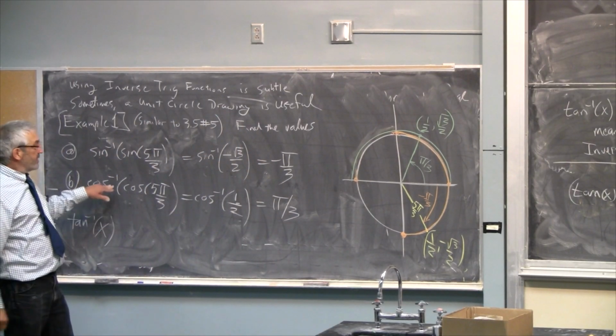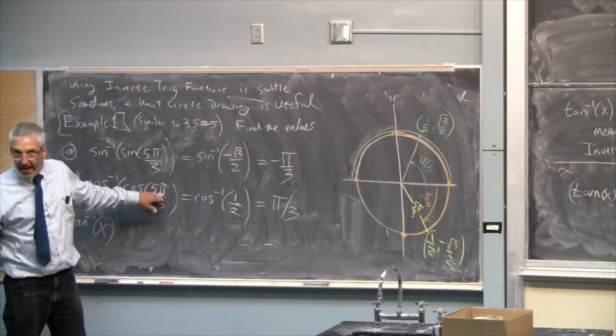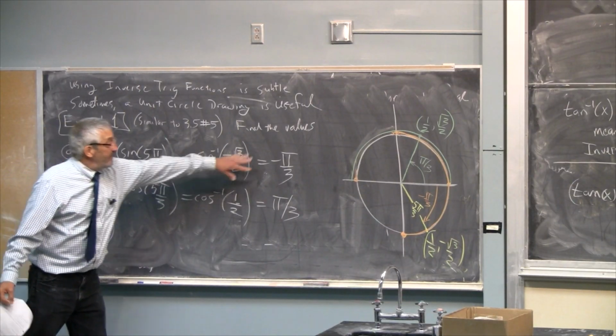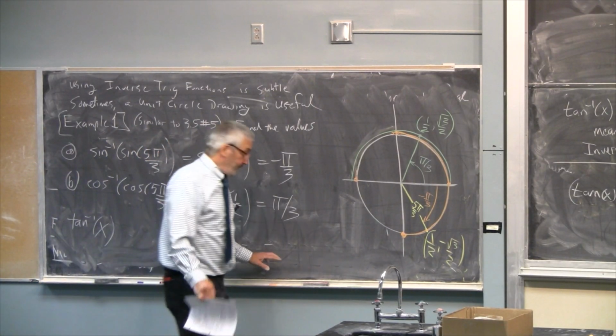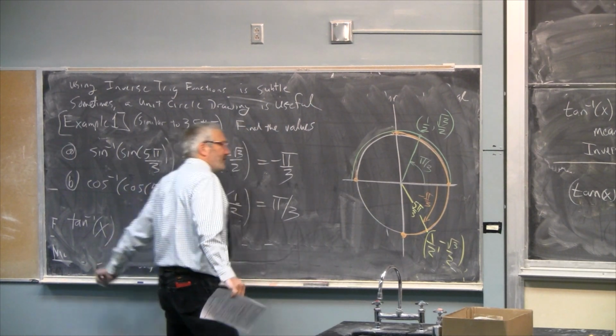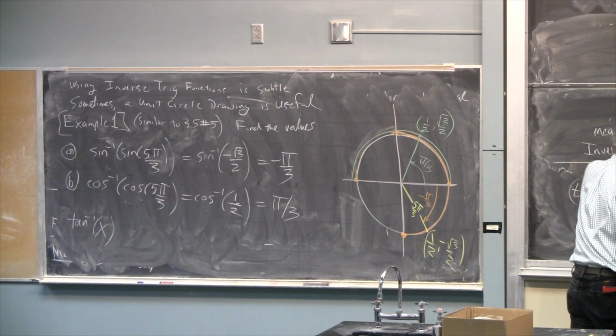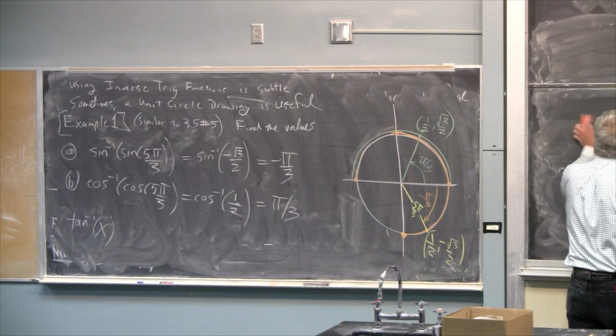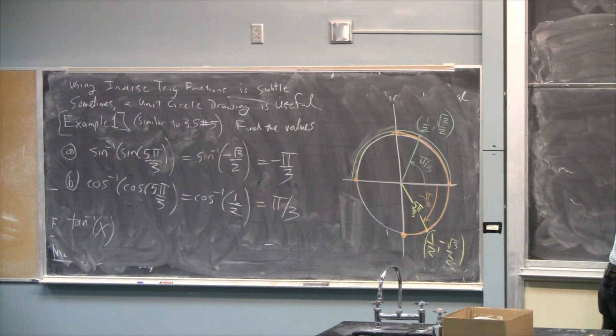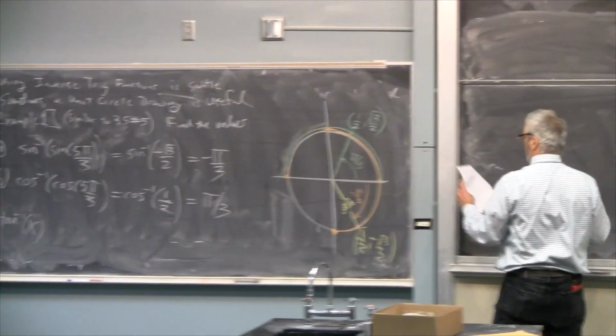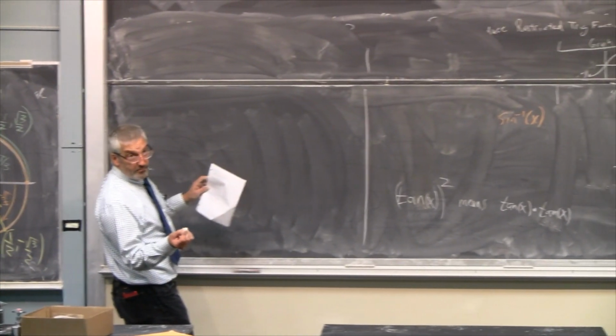So again, cos inverse of cos x is not x. And it's not even the same thing that we got for sine inverse of sine x. So these domain issues and range issues can send you on a goose chase. Sometimes a right triangle drawing is useful.